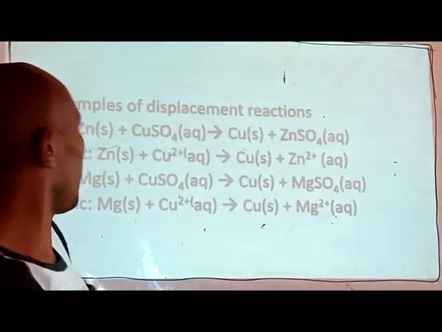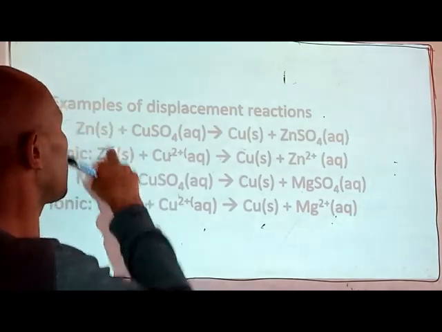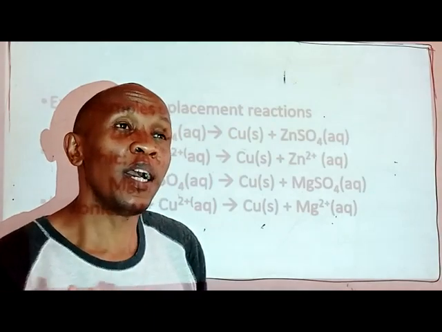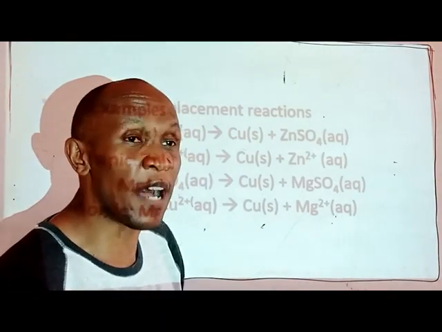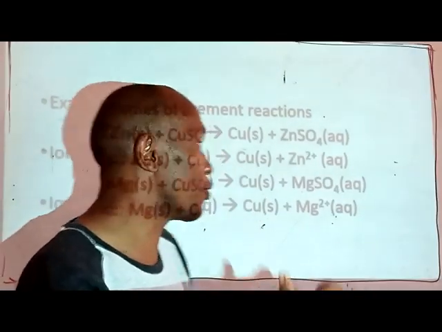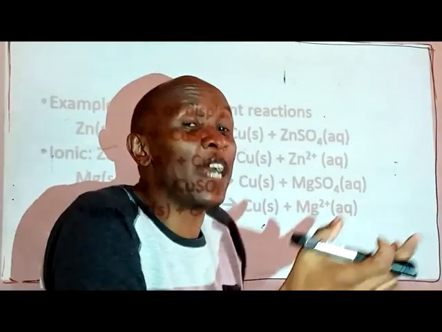Not like I've seen many students do, writing 2 plus here, starting with zinc 2 plus and then copper 2 plus. Surely, an element cannot consist of ions. Because how are ions formed? By the transfer of electrons. So when you are talking about the copper metal, what has it transferred the electron to?